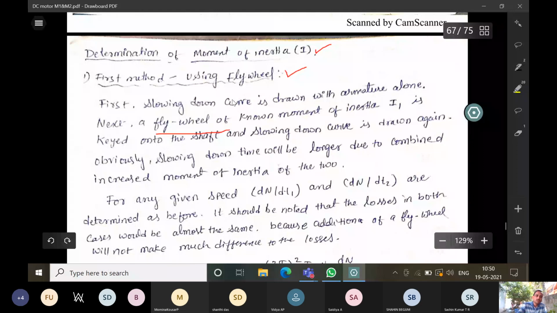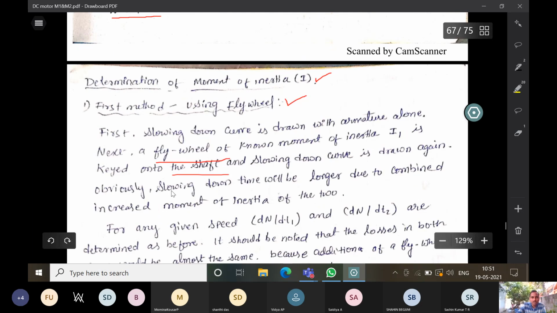So initially you find it with armature alone, and after that you connect a flywheel to the shaft. Keyed onto the shaft means you connect the flywheel to the shaft, and again draw this particular slowing down curve.